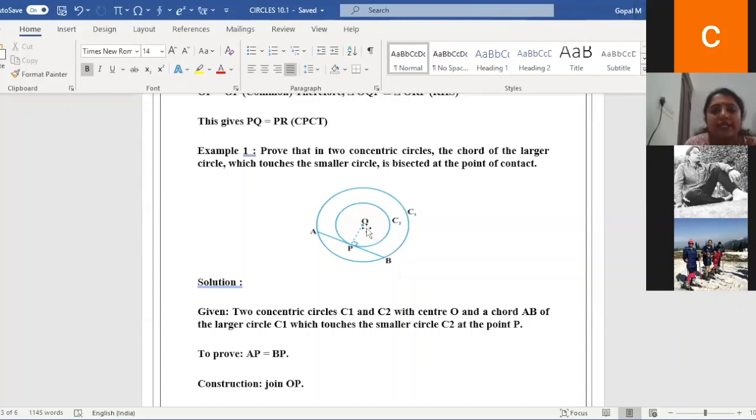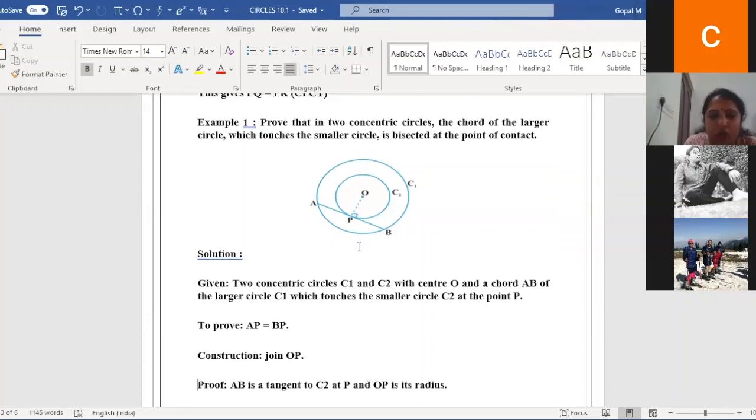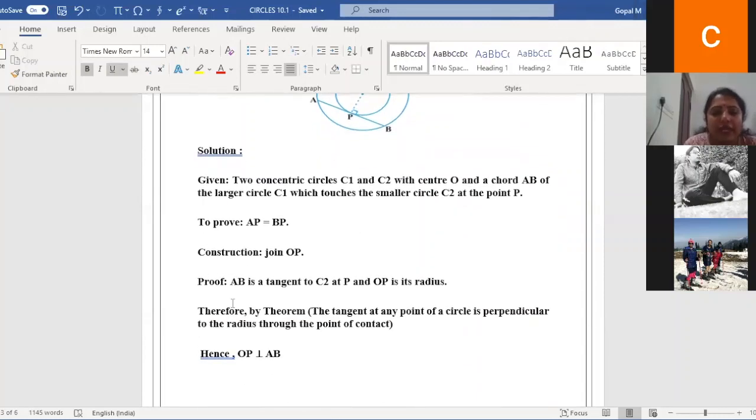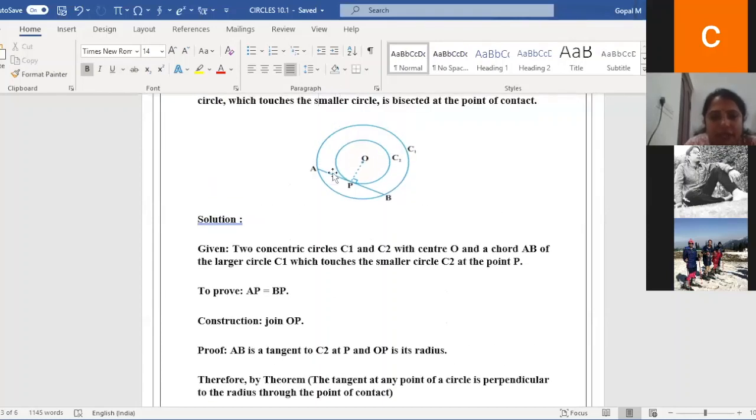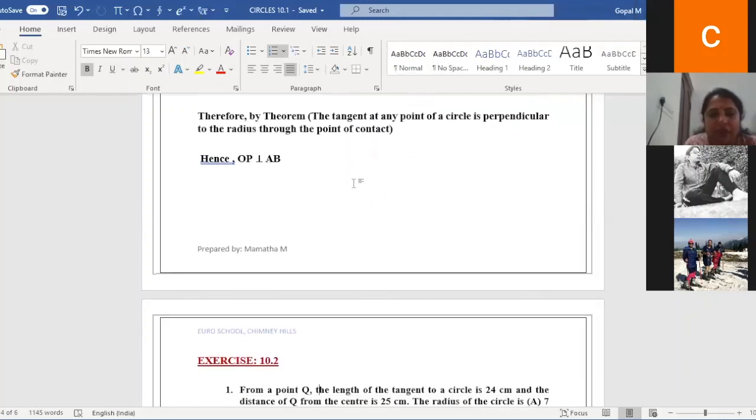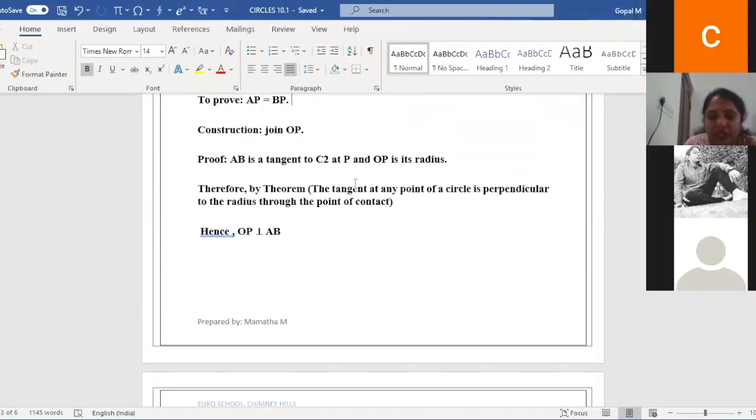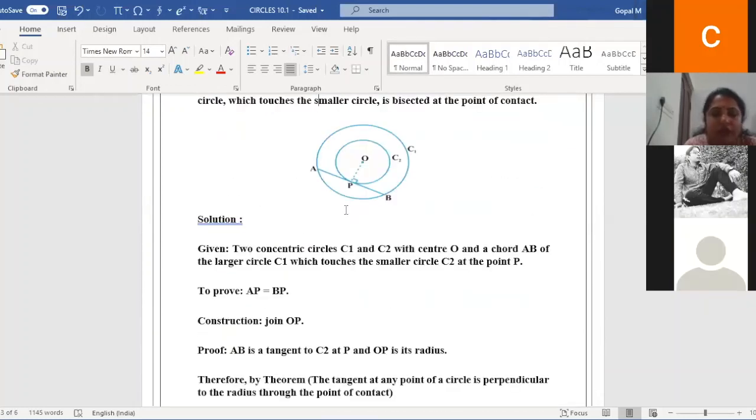Now, in this construction, we'll join OP. Proof: AB is a tangent to C2. AB is the chord of the larger circle and AB is the tangent for the smaller circle. Tangent we have learned.